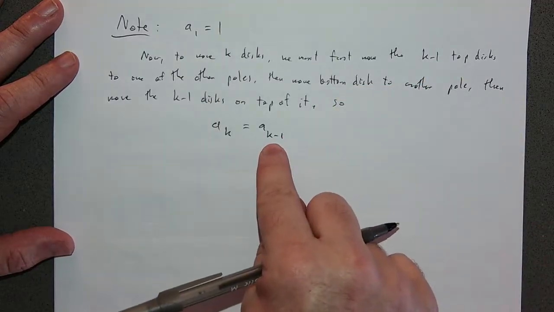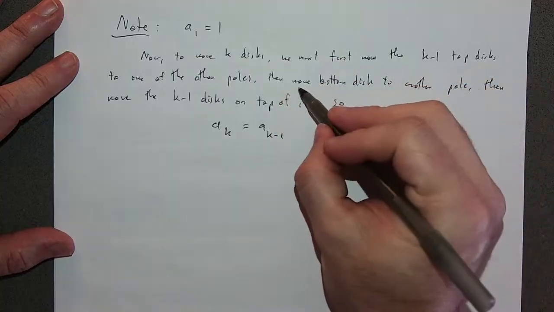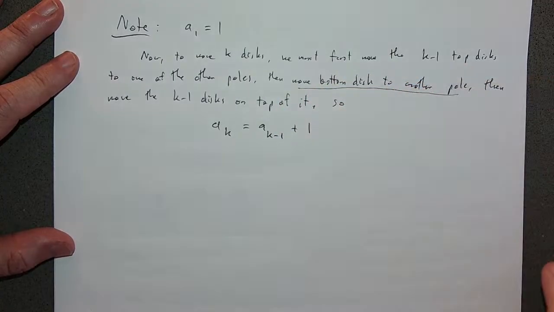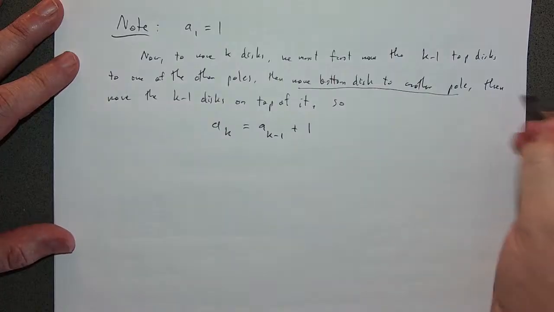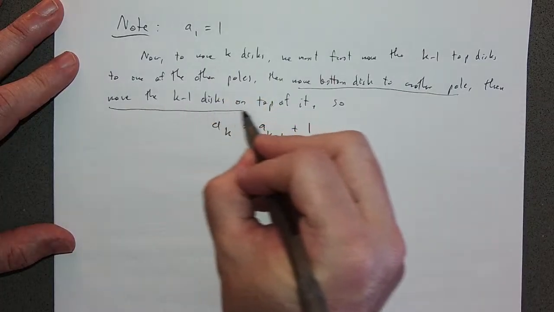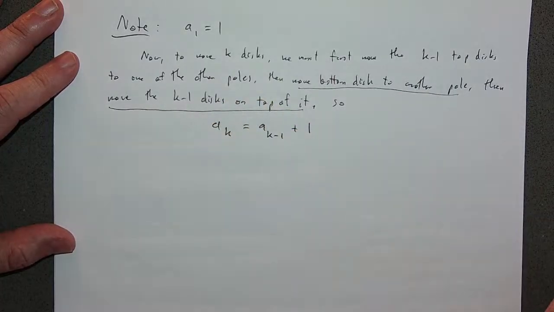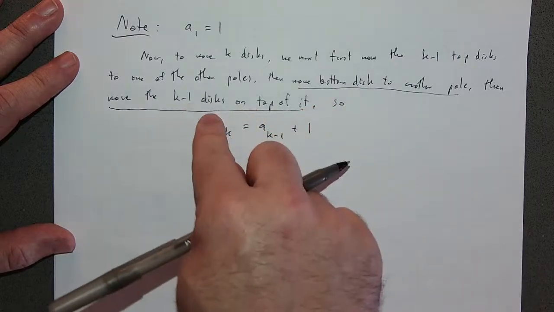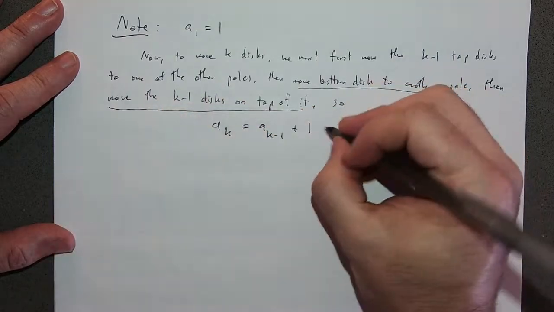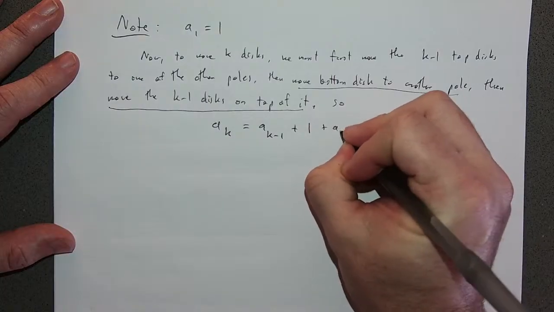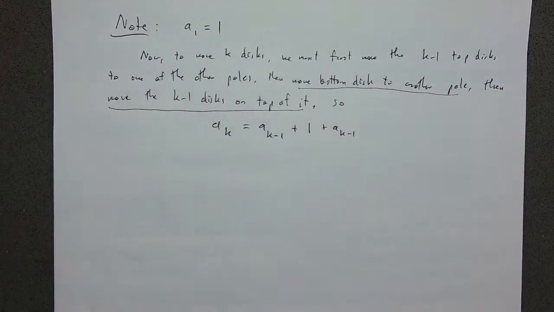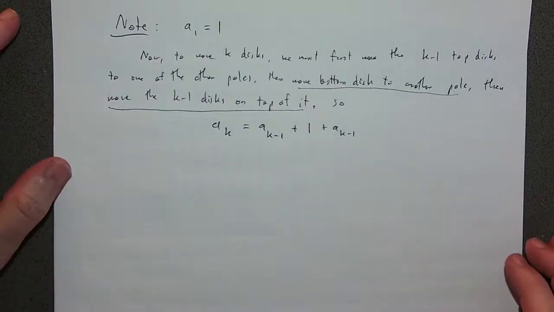Then I need to move the bottom disk to another pole. That's one move. Then I have to move the k minus 1 disks on top of that. That is the same as the moves required to move k minus 1 disks to another pole, but that's just a sub k minus 1. And this will finish this process.